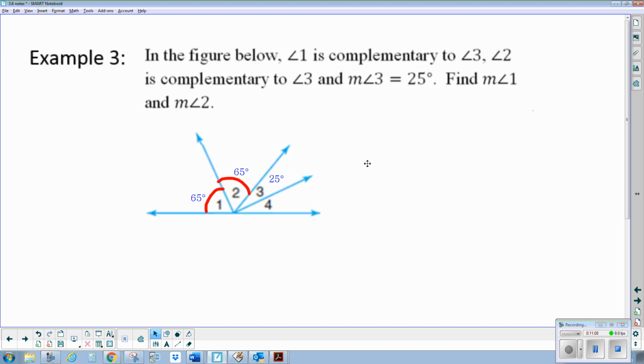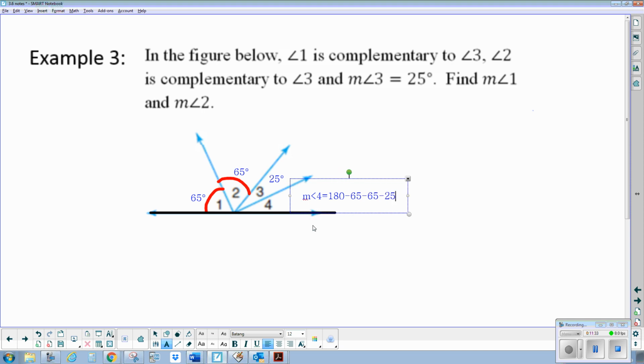Now, if you want to go one step further, the 4 of those angles together form a straight line. A straight line measures 180 degrees. So from there, we can find the measure of angle 4 as well, because the measure of angle 4 is going to be equal to 180 minus the other 3 angles, minus 65 and minus 25.